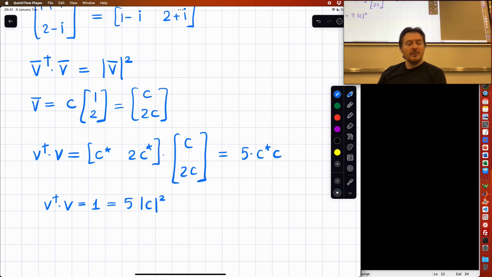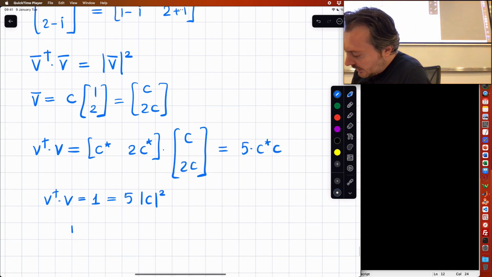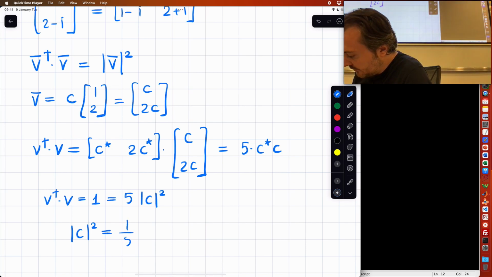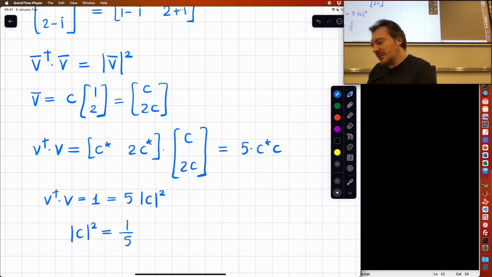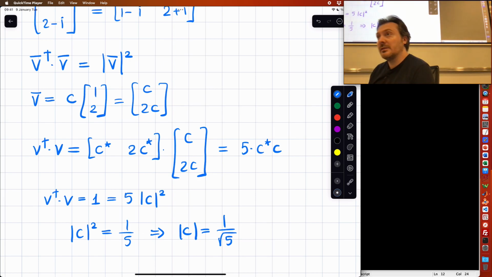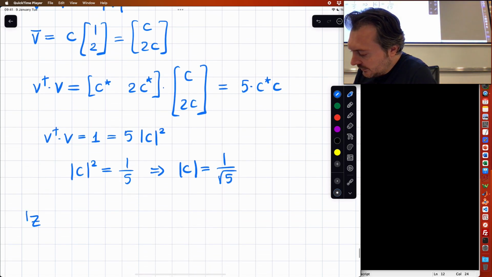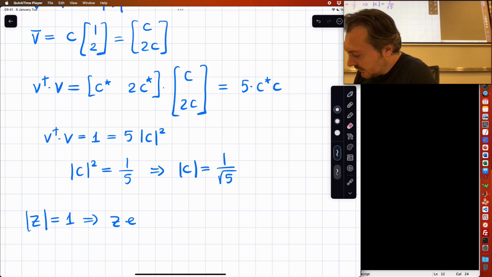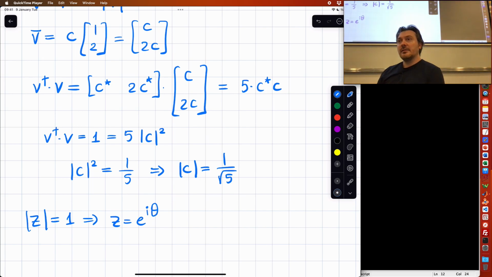Did you follow this? So I need this. C squared equals 1 over 5. And you have already seen that indeed this situation has infinitely many solutions. Okay? Do you remember this? Z absolute value was 1, then Z was anything. Like Z was e to the I theta. Right?